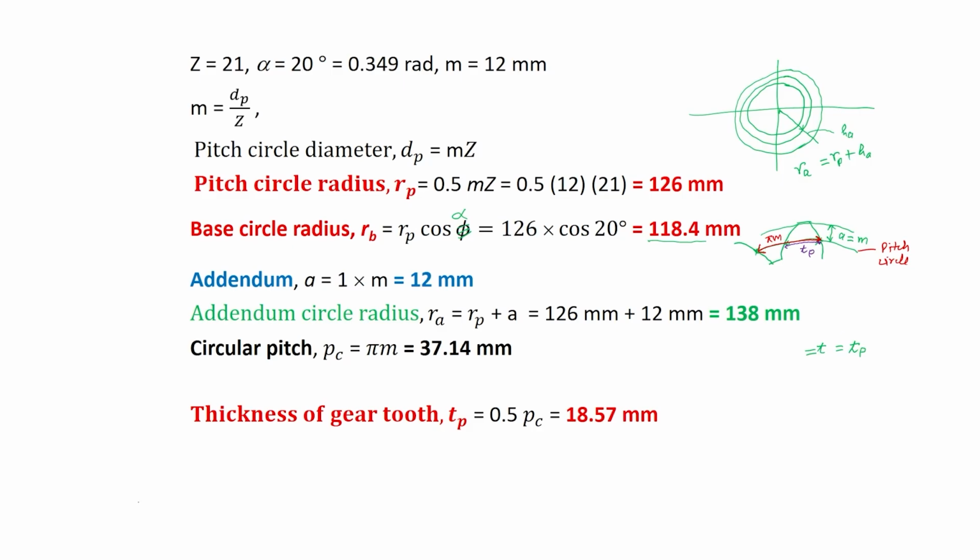So, TP is half of the circular pitch, and circular pitch is 37.14, and so TP is 18.57 mm.